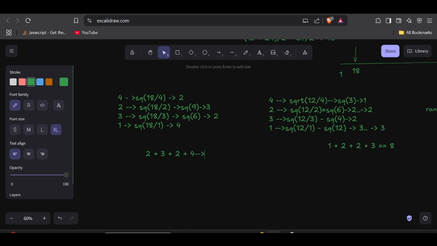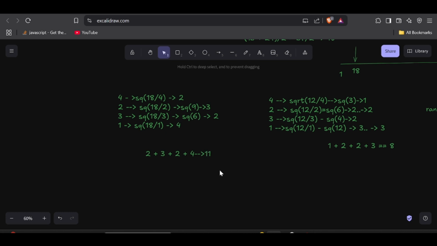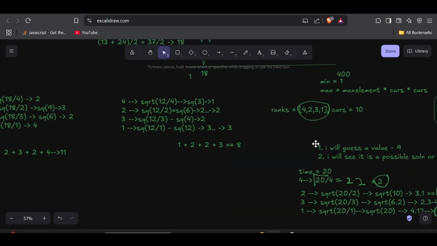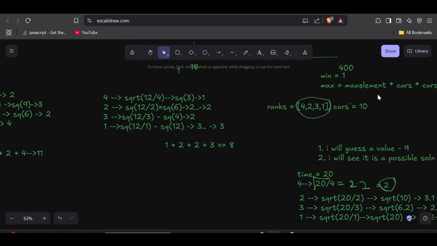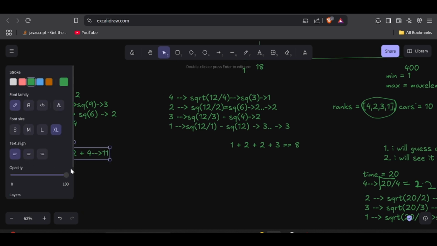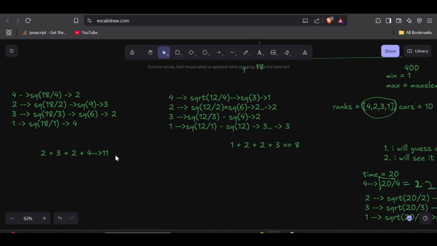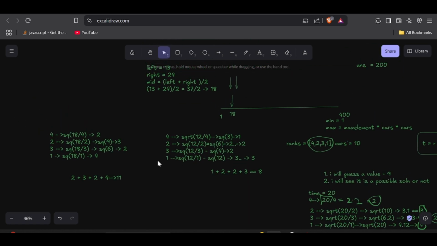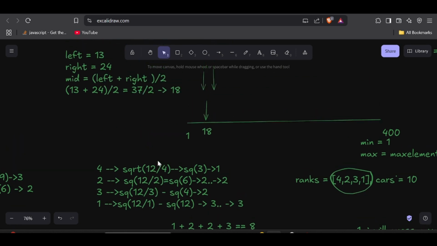Let's sum it. 2 plus 3 that is 5. 5 plus 2, 7. 7 plus 4, 11. So 11 cars can be repaired in 18 minutes. Let's compare it with the number of cars required. It is 10 and the number of cars that have been repaired is 11. So it is greater than the number of cars required. So it is a possible solution for us.